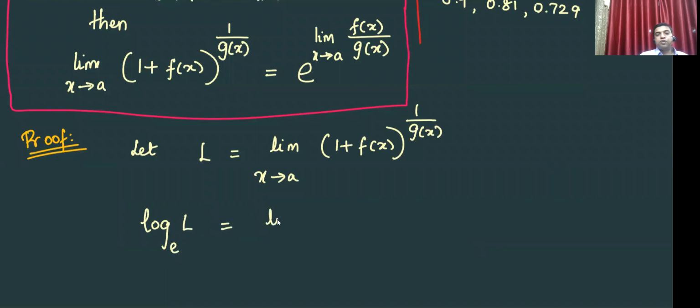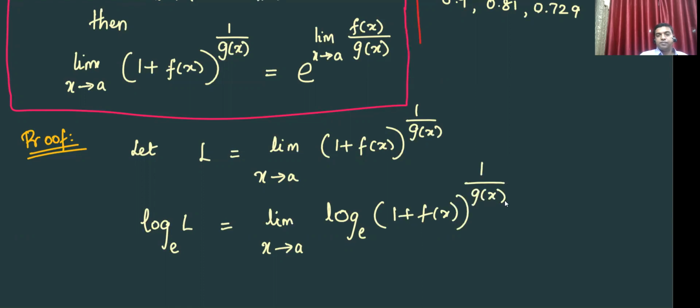So you can apply log within the limit, because limit is just a matter of a value approaching. So you get log to the base e of 1 plus f of x to the power 1 upon g of x.